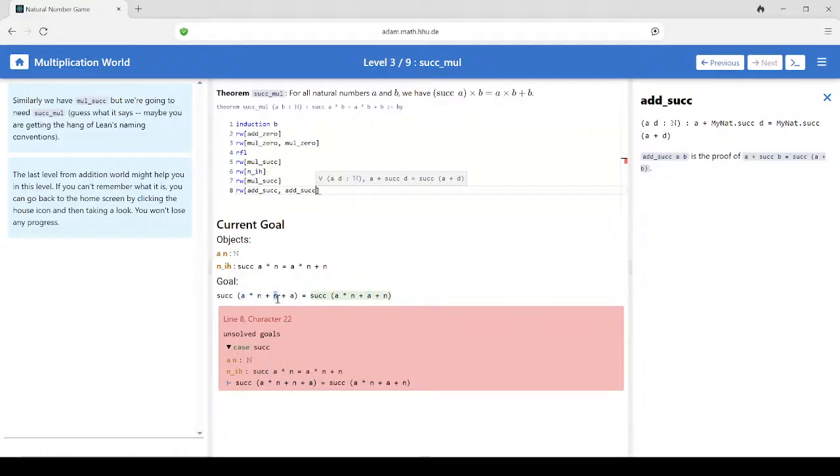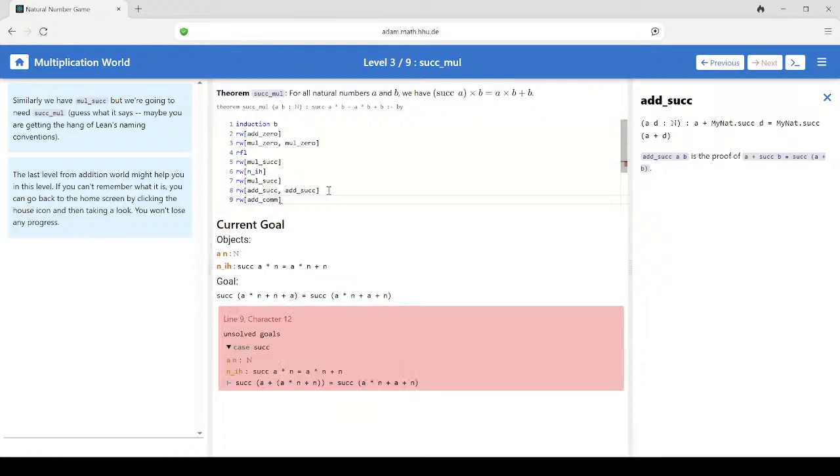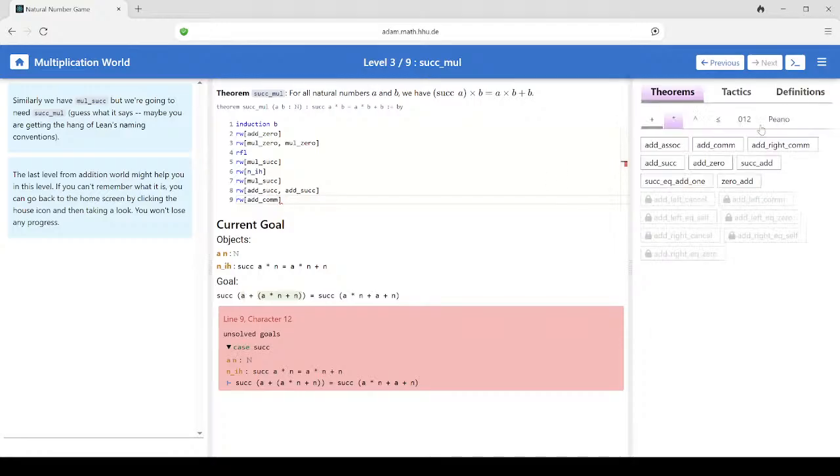A times n plus a times n plus a plus n. All I need to do is switch these two around. Rewrite, add, commute. No, am I doing the wrong one?